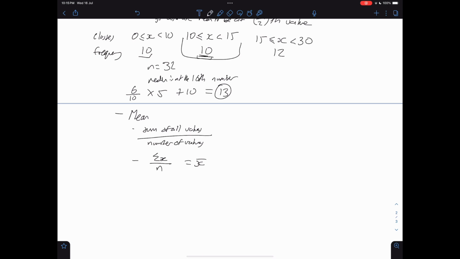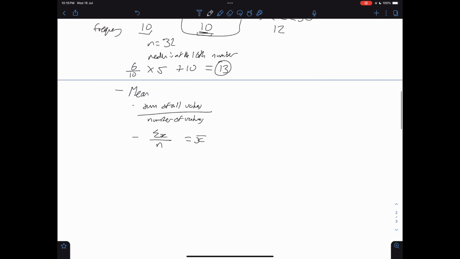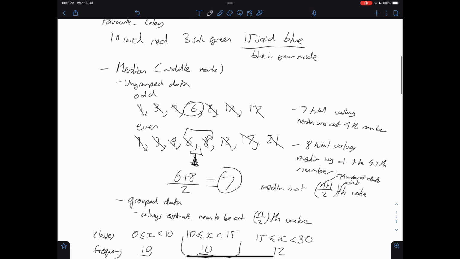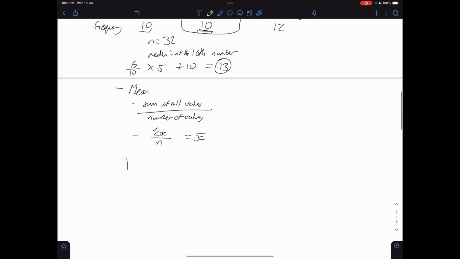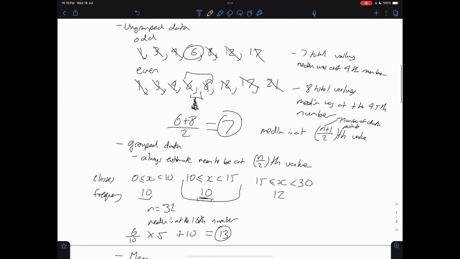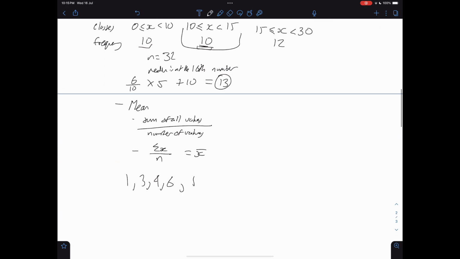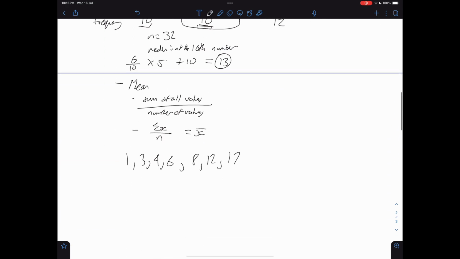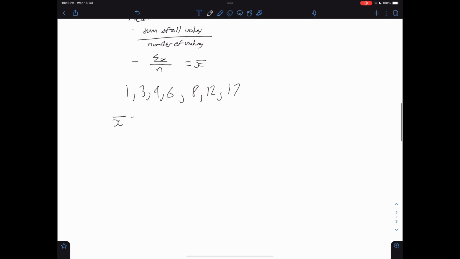That is your symbol for mean. So if we take a look at this example here, 1, 3, 4, 6, 8, 12, 17, what we'd do is x bar equals 1 plus 3 plus 4 plus 6 plus 8 plus 12 plus 17.